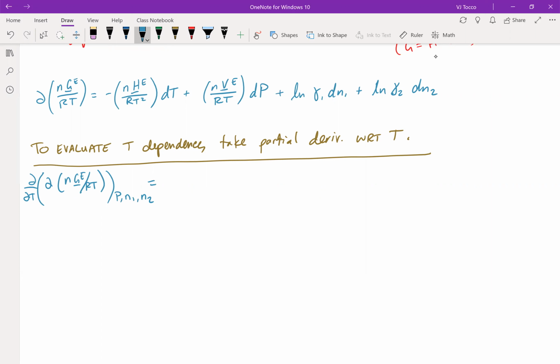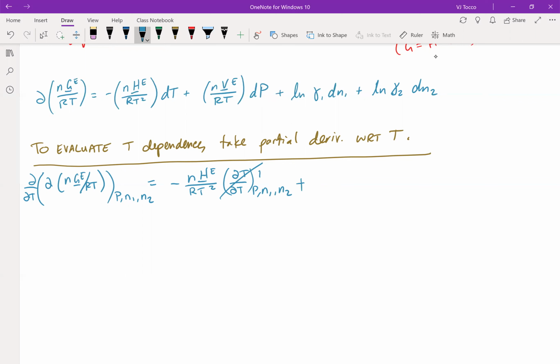That is going to equal, taking the total derivative with respect to dT should then give me back 1. So minus N excess molar enthalpy over RT squared dT at constant P, N1, N2. Remember, by the rules of calculus, the partial derivative of any variable with respect to that variable is 1.